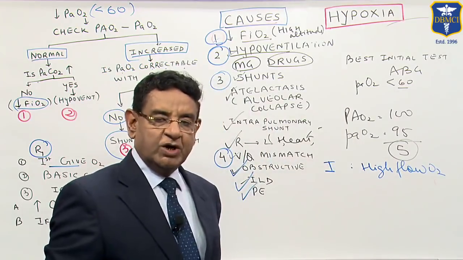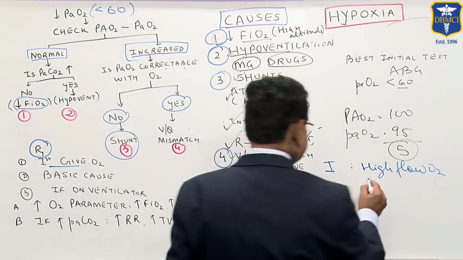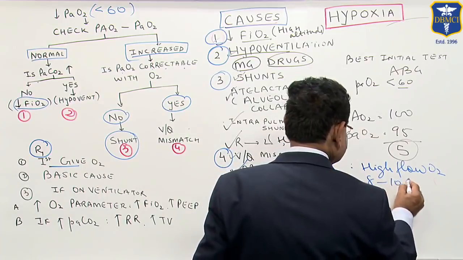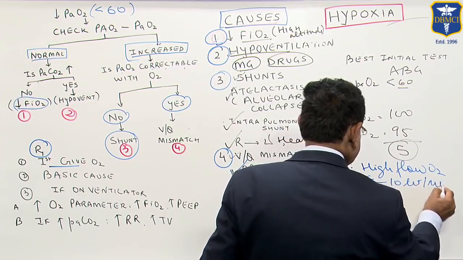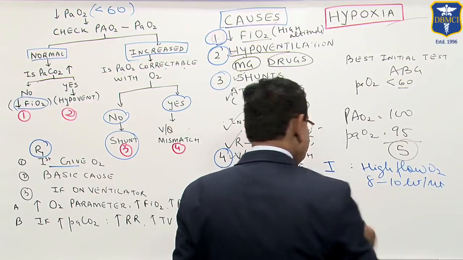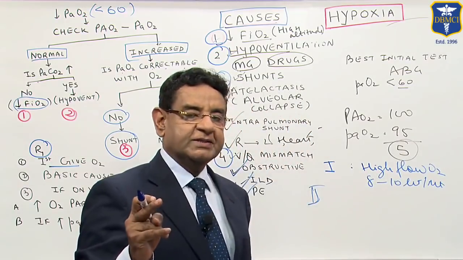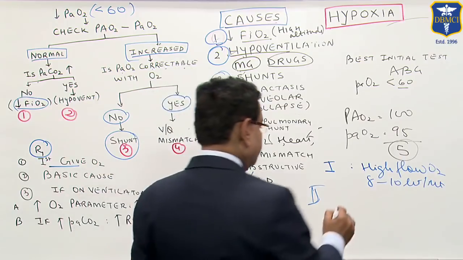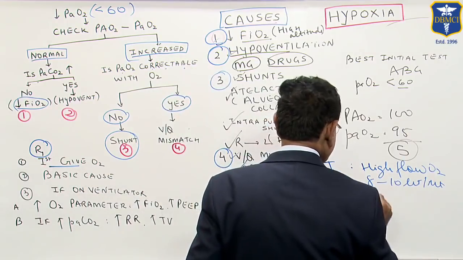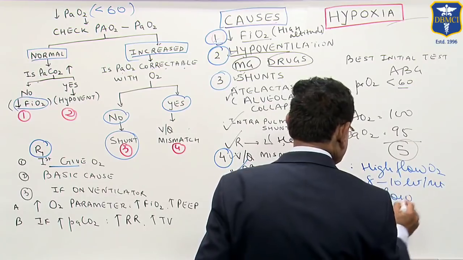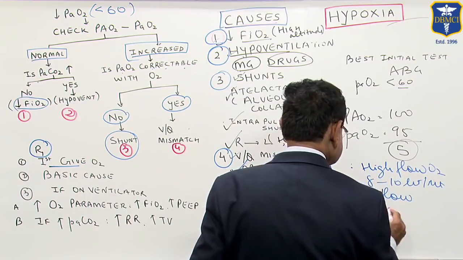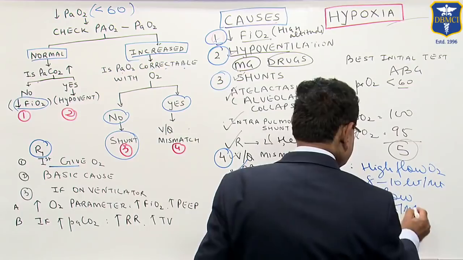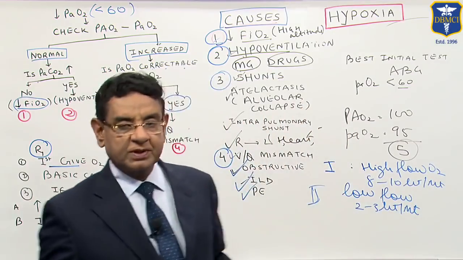What do you mean by high flow oxygen? You give 8 to 10 liters per minute. But a patient having type 2 respiratory failure, that means there is hypoxia with hypercarbia, you give low flow oxygen, 2 to 3 liters per minute. Why is it so?